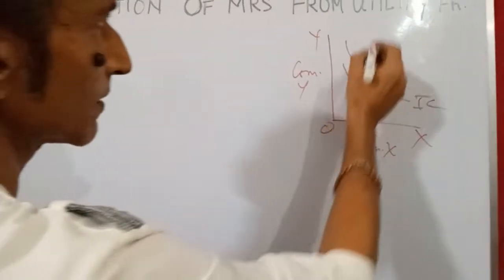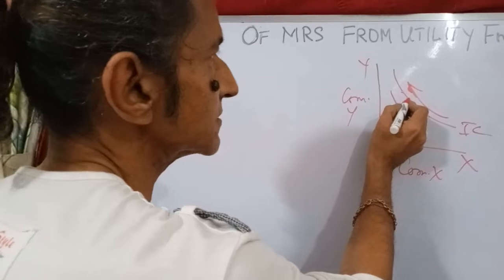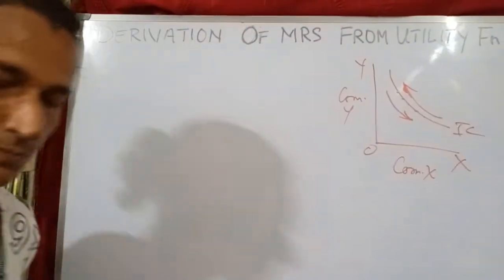That means deviation from here to here does not increase his utility. That is, increase in utility is 0.